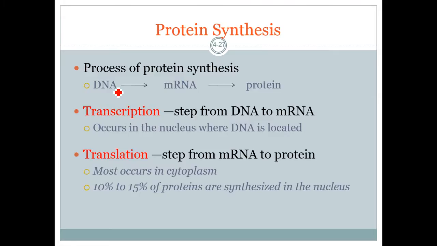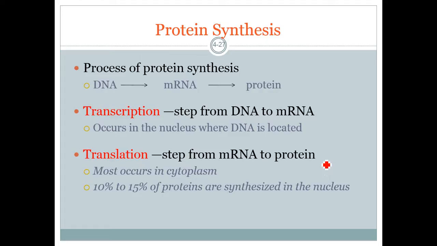From DNA to mRNA is transcription. And this is what occurs in the nucleus. The second step, our translation, is the step from mRNA to our protein. And this is going to occur in the cytoplasm.